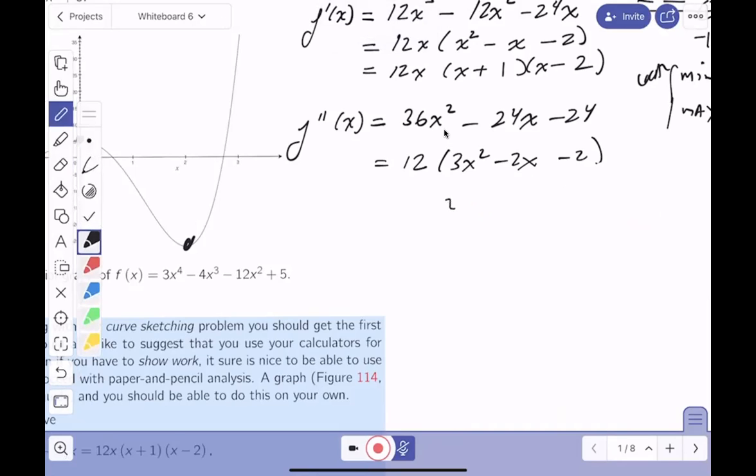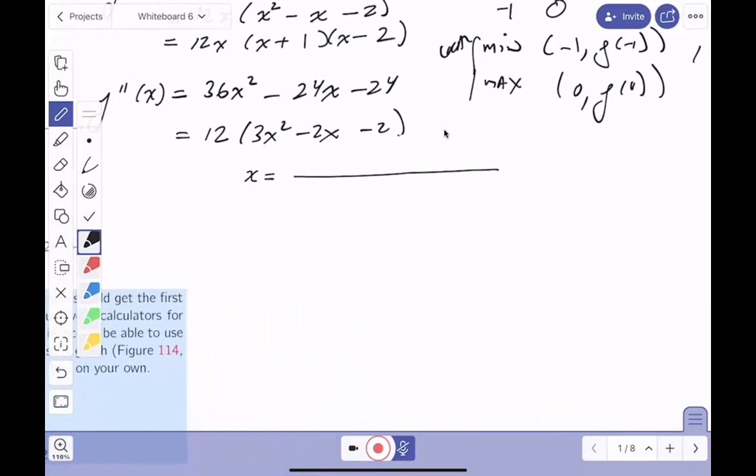So x will equal, let's see, twice the a, which is 6. I get minus the b, which is 2, plus or minus.